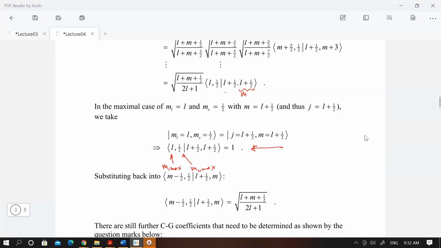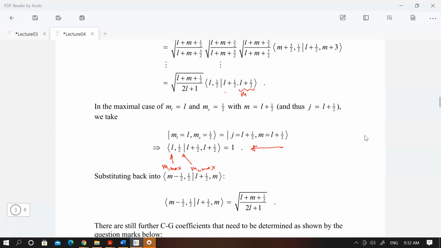There's no choice. Remember the previous picture that we had. The topmost state will not be degenerate and the bottommost state will not be degenerate. So the topmost state will have to correspond to each other, and this has to be normalized and will be equal to 1.